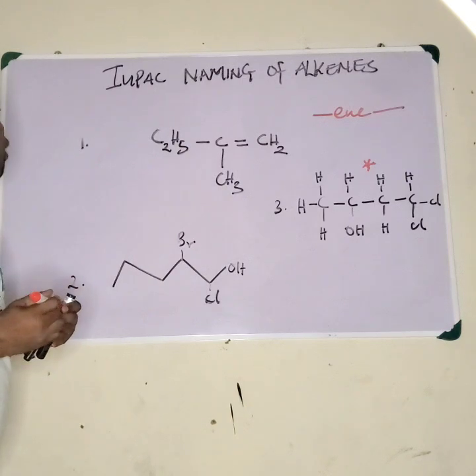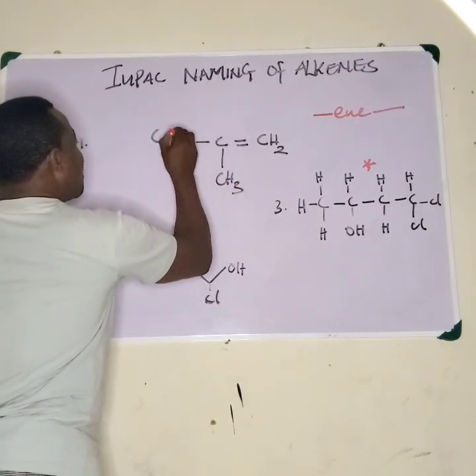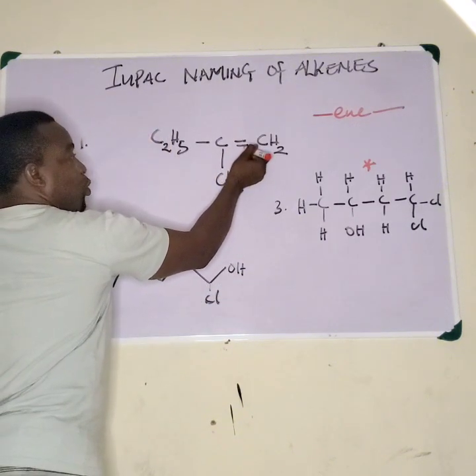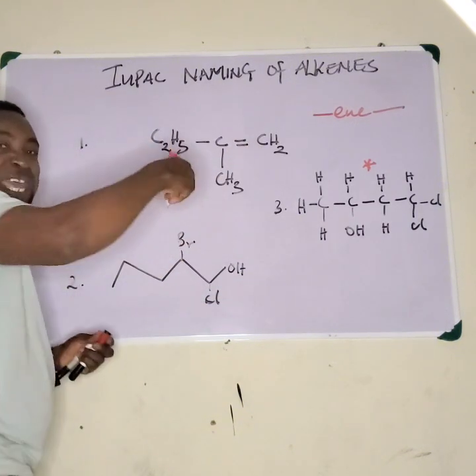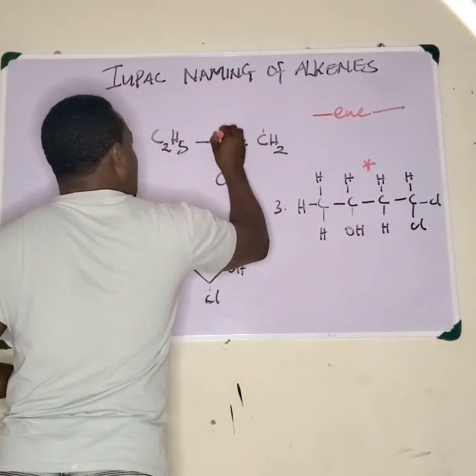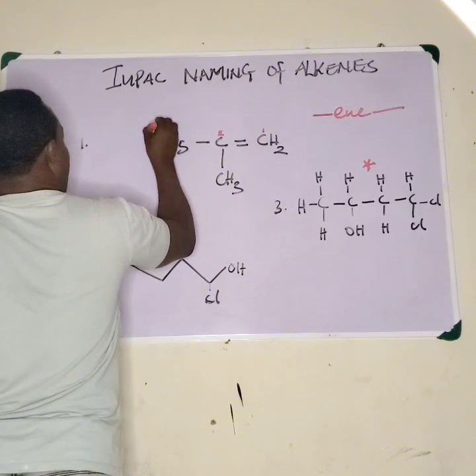Even if you don't go that way, if you number 1, 2, 3, 4, you have given this double bond a higher number. So the best way is to name 1, 2, and we have 3 and 4 here.